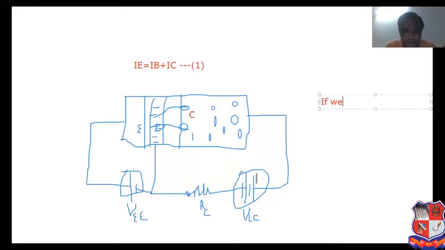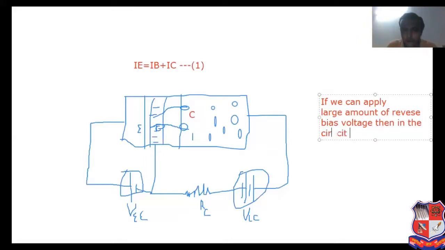If we apply a large amount of reverse bias voltage, then leakage current flows in the circuit.